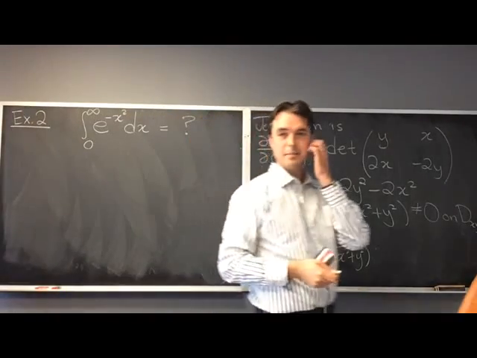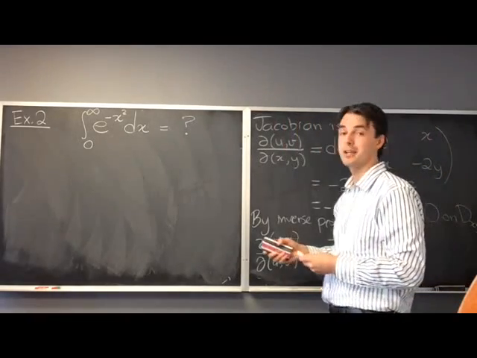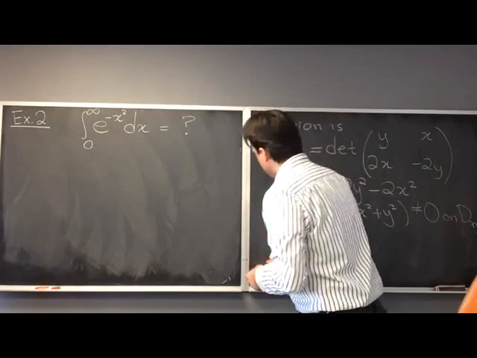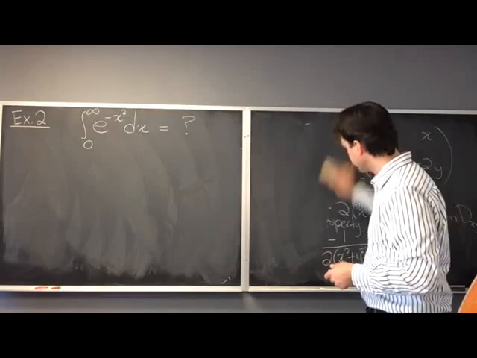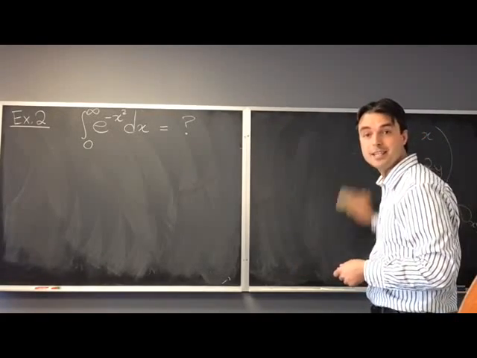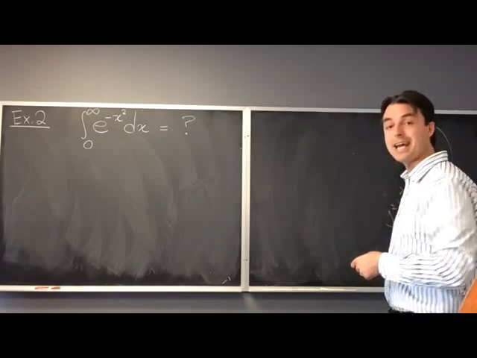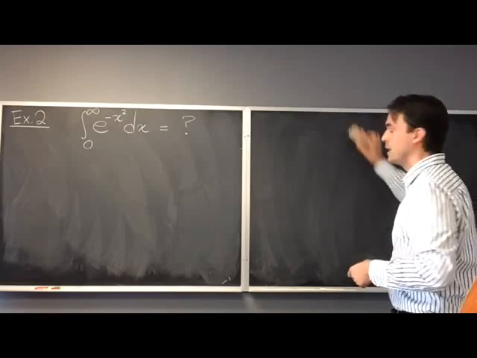Okay, so this ends up being a really important one for statistics and actually lots of things. And if you think about trying to evaluate this, you would have a hard time finding an antiderivative to the function e to the minus x squared. In fact, they've proven that it's impossible to find an antiderivative of that in terms of elementary functions.